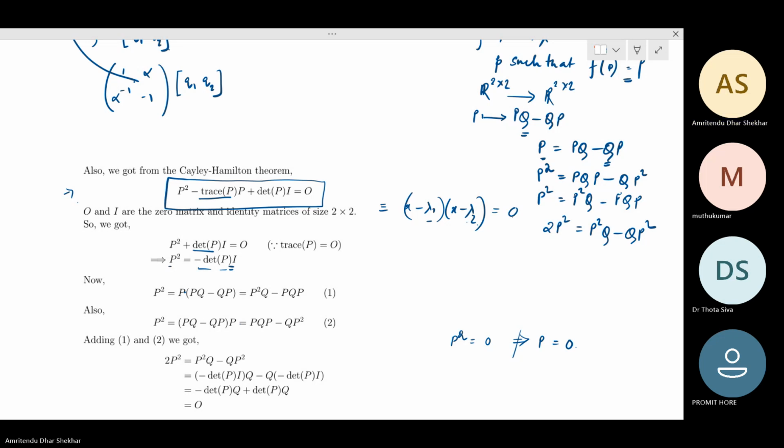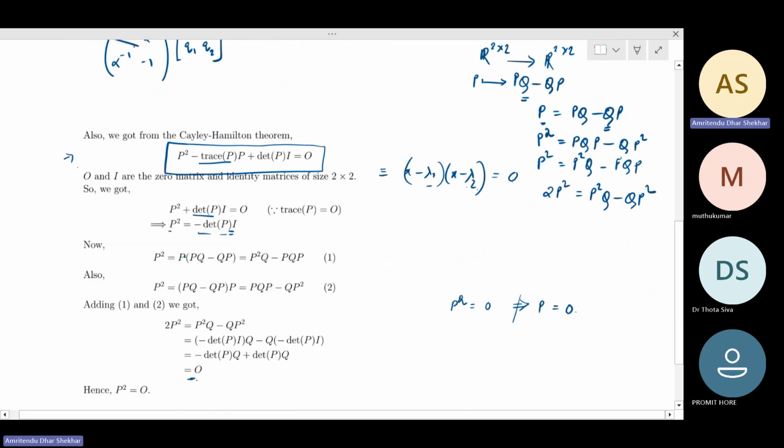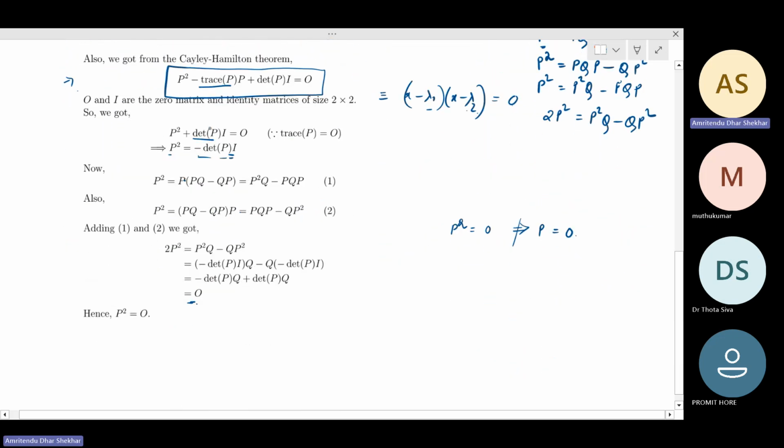But it was not clear to me how to solve this problem. So this is the solution. It's a slightly advanced problem.